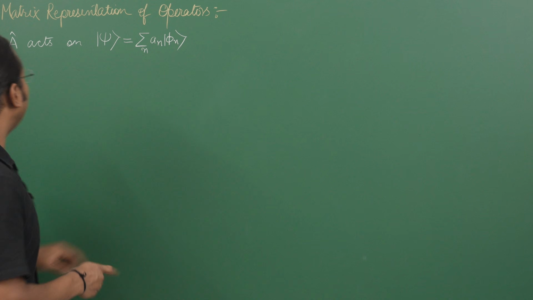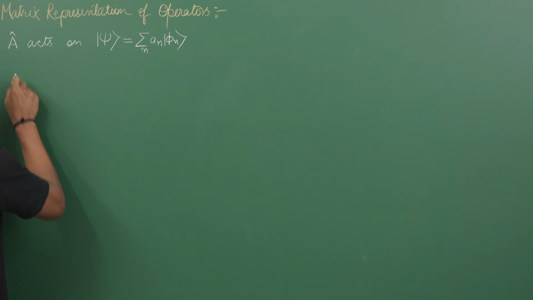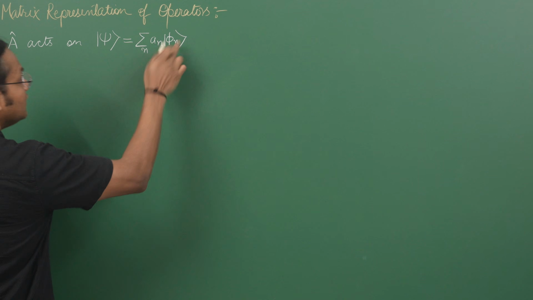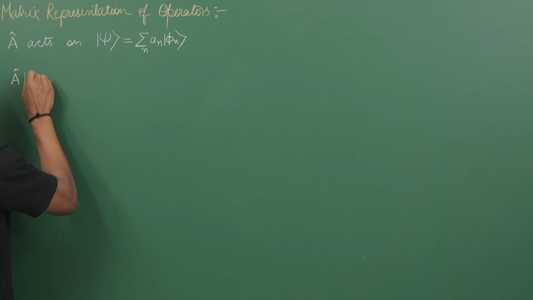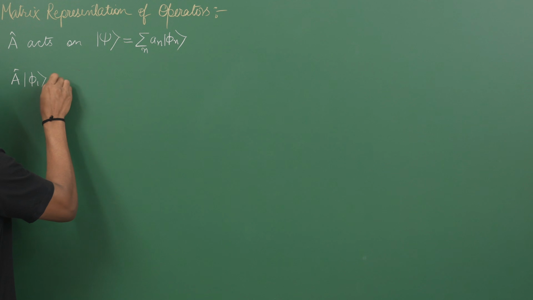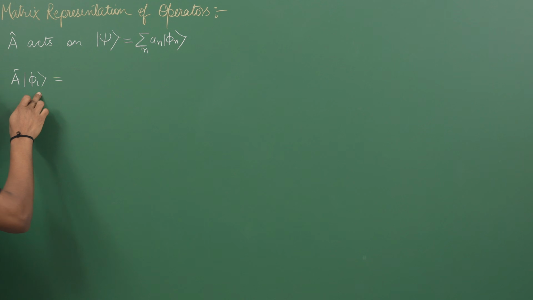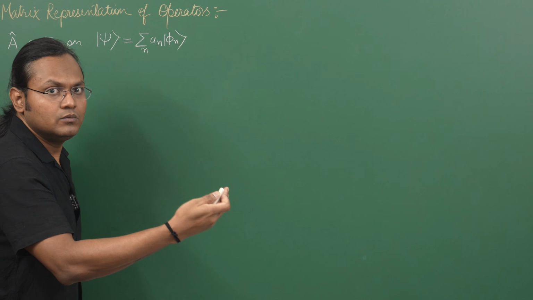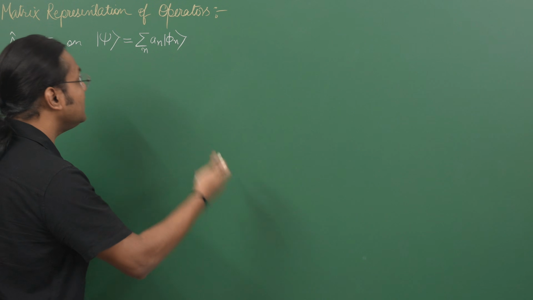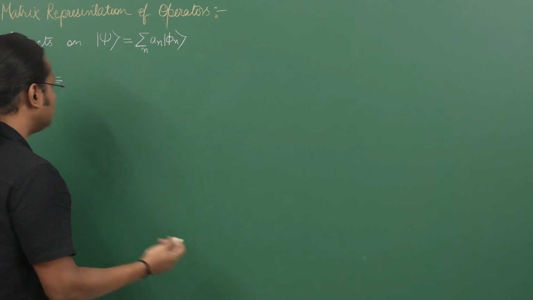So if I want to look at the action of A hat on each of the basis vectors, let's suppose I have phi 1 here, then the action can be represented as a new vector which can be represented in terms of the old basis vectors themselves.